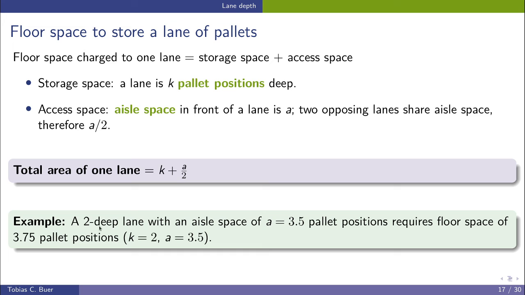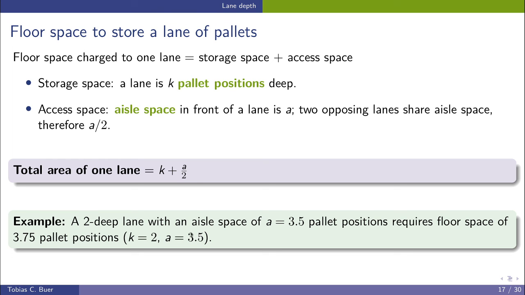So let's look at this example. We have a 2 deep lane, like in the lower picture, in the lower area, but here the aisle space is 3.5 pallet positions in this example. So the floor space that is required is 3.75 pallet positions. K equals 2 because we have a 2 deep lane, and the aisle space is 3.5.